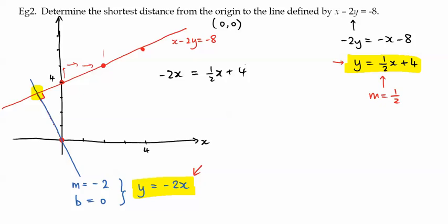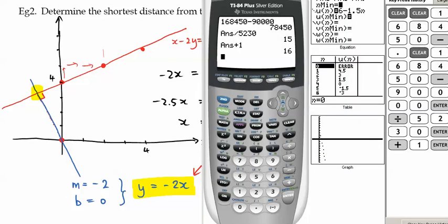And I can now solve for x. The 1/2 here, technically, we have 0.5x. Group the x together and solve for x. We have 4 divided by -2.5.